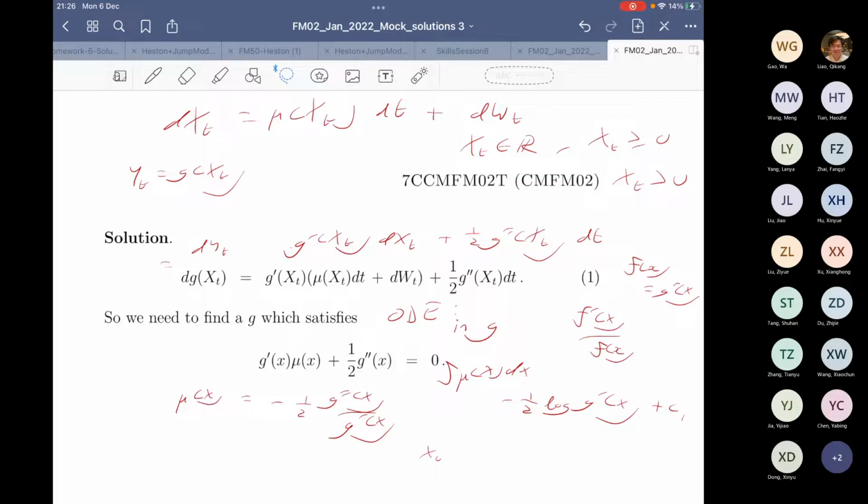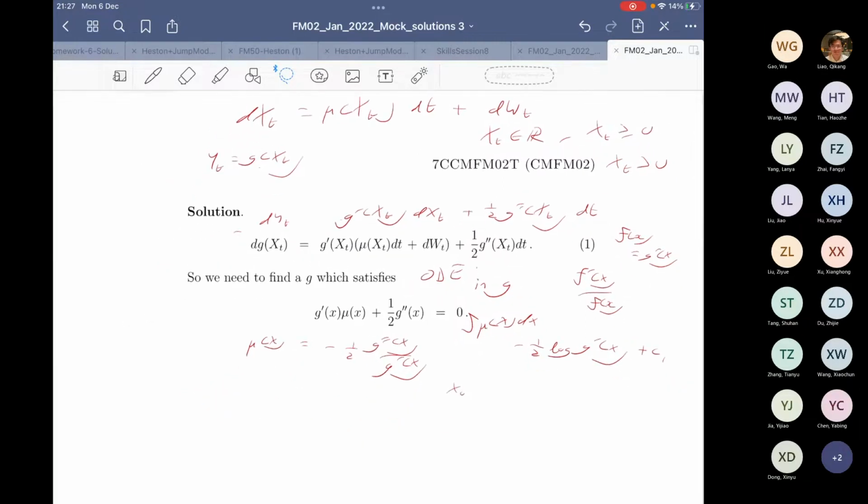You would divide by g' and recognize that that is an exact differential of this. And then you would go on. So you do end up with a formula. I think it has a double exponential and a double integral, so it's a little bit fiddly. But really, I only care about the ODE. As I said, you can in principle solve that ODE, and it would certainly be easier if mu is constant.